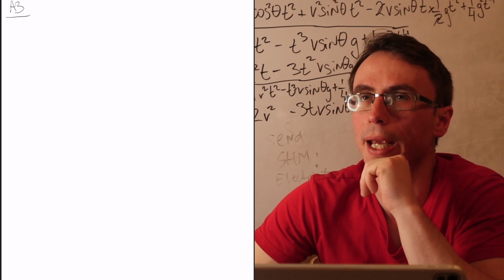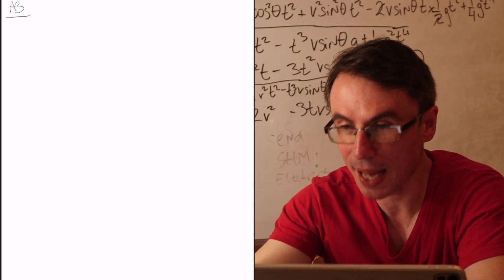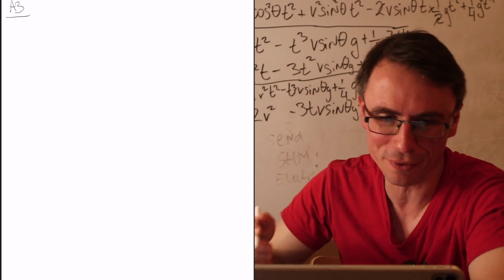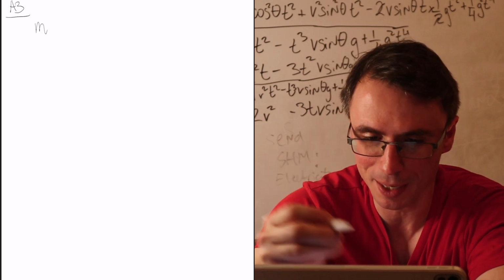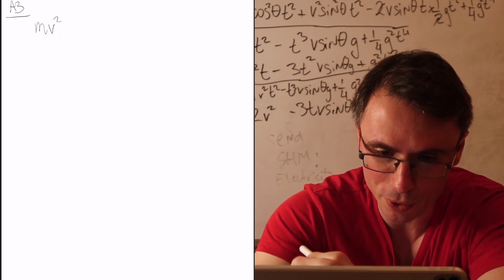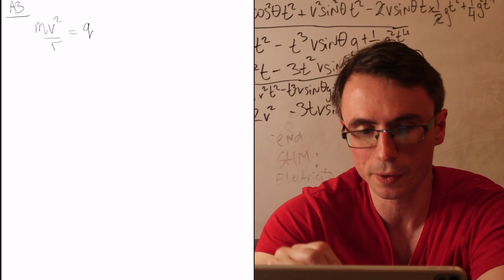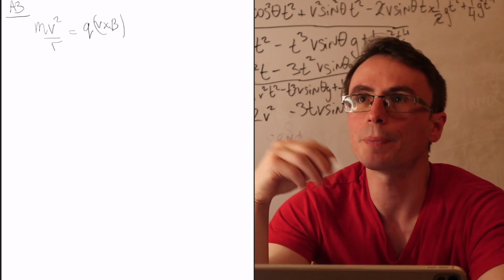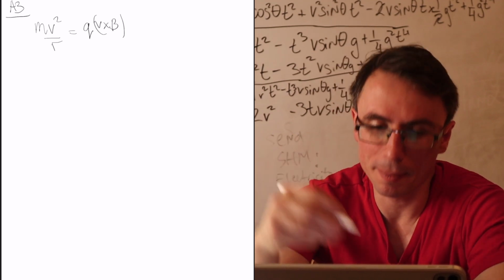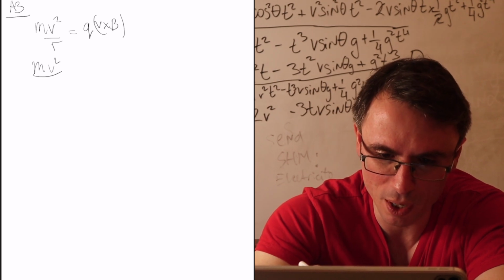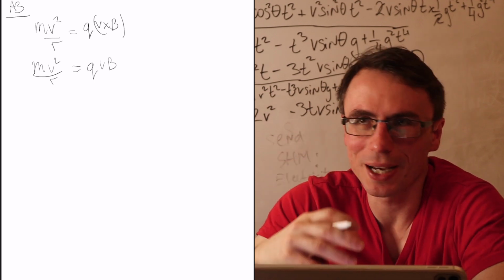So for a proton that is orbiting at a constant velocity, and if we apply a constant force to it, and the velocity is not a function of time, we normally would use the fact that mass times acceleration, which for circular motion turns to mv squared over r, is equal to qv cross B. However, in this case, the direction of the field and the velocity are going to be perpendicular, so this just turns into mv squared over r is equal to qvB. Obviously, there's a big problem with this equation.